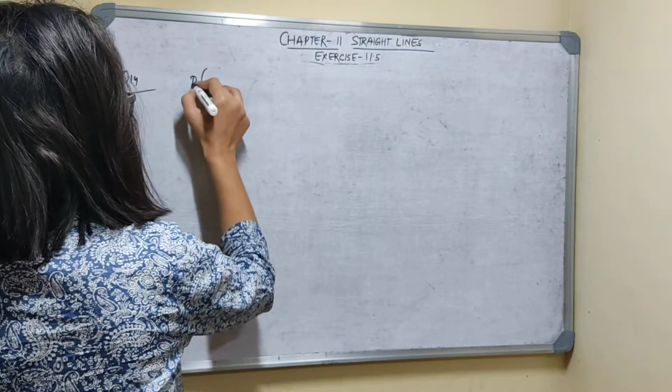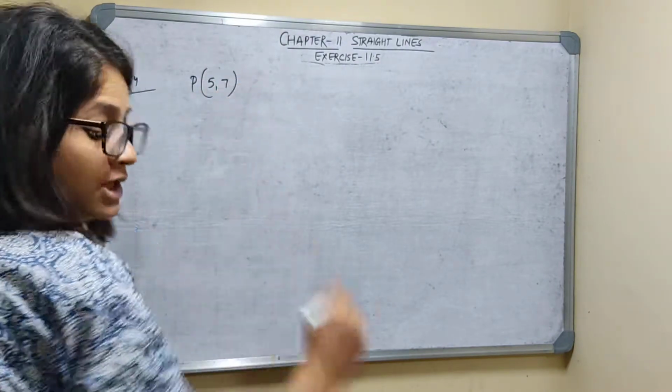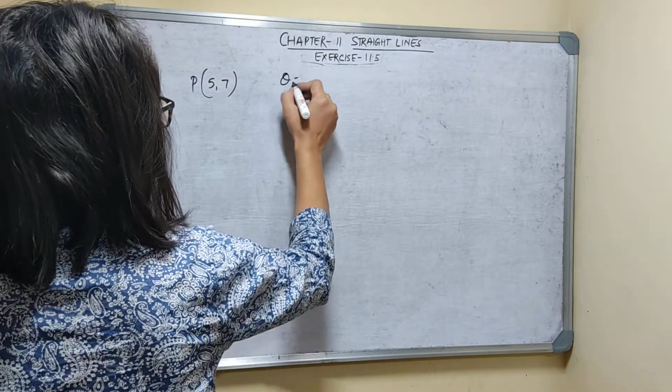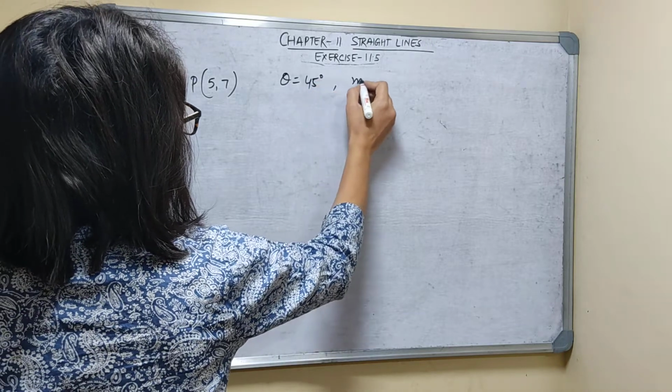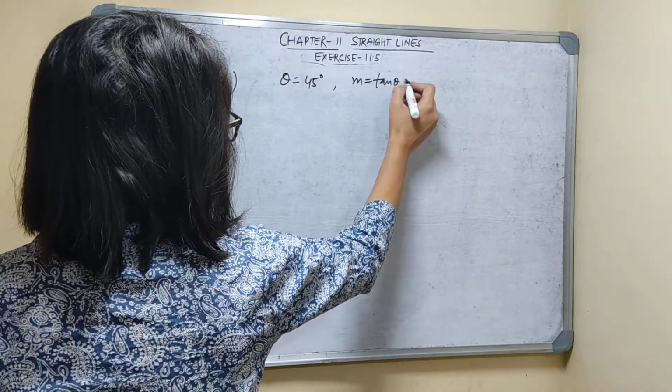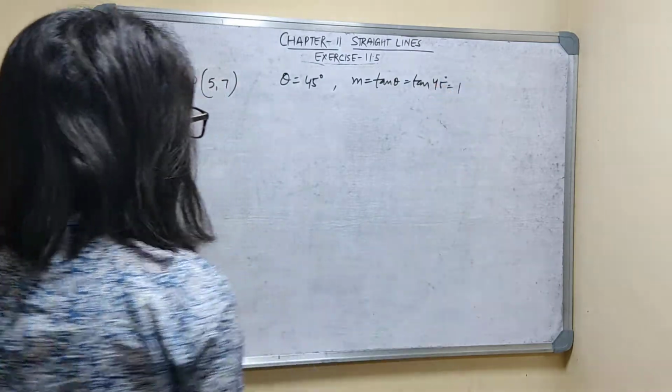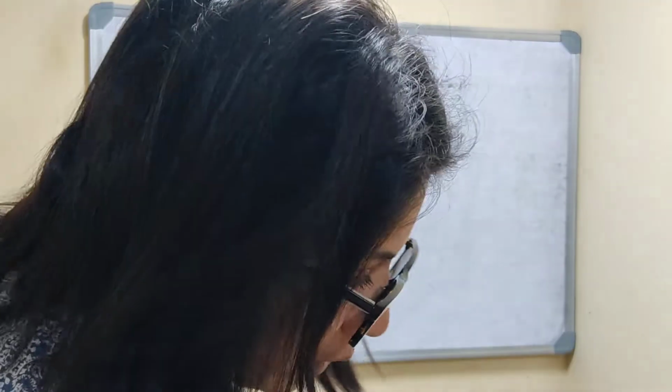Let's say this point is P, 5, 7. It passes through this point and is inclined at 45 degrees to the x-axis. Theta is equal to 45 degrees, so m is equal to tan theta, that is tan 45, which you know is 1. The slope is 1, and it passes through this point.